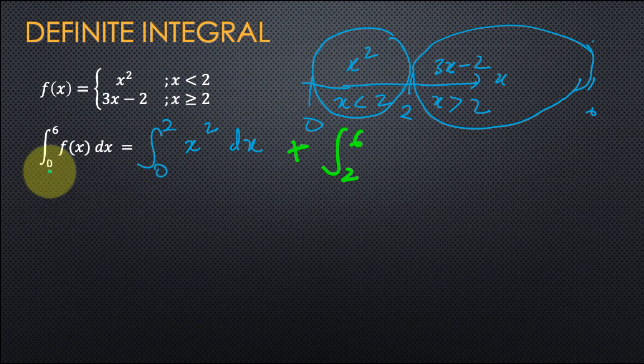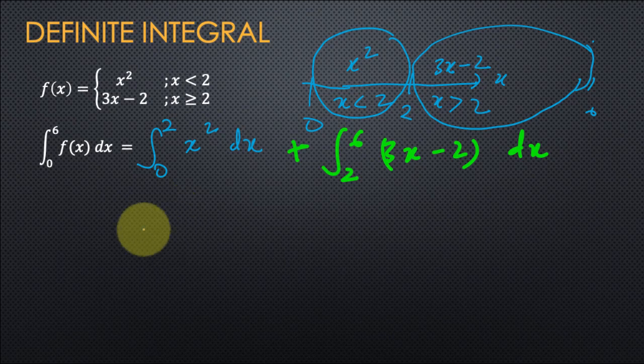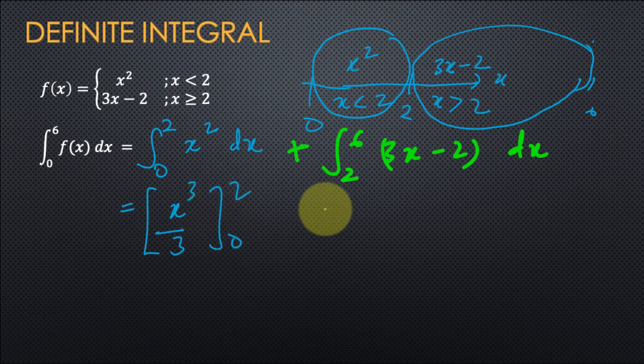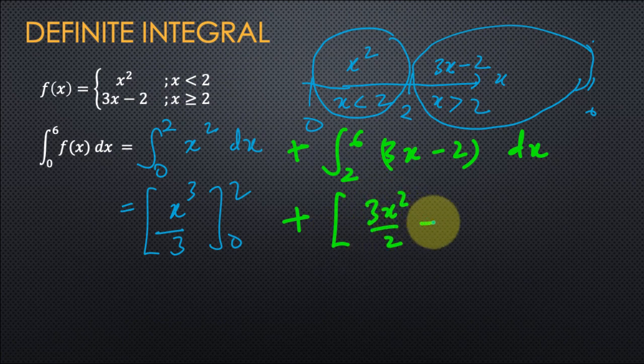Why 6? Because the upper limit is 6. Why we start at 0? Because the lower limit is 0. The function from 2 to 6 is 3x minus 2. Now we can solve this one. So this one is equal to x cubed over 3 from 0 to 2, and this one is equal to 3x square over 2 minus 2x from 2 to 6.